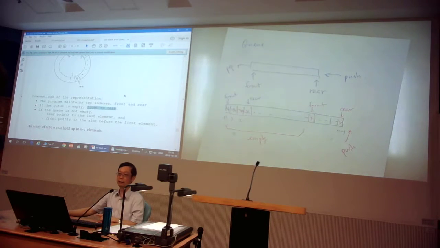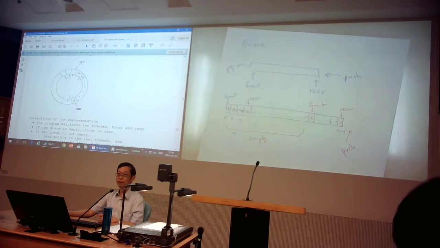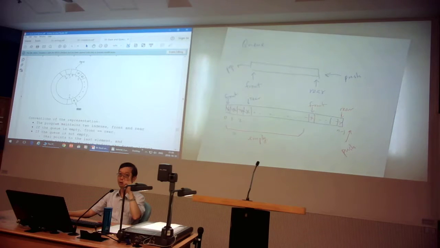And logically, the rear index is pointing to the last element in the queue, and the front index is not pointing to the first element, but instead it is pointing to the empty slot before the front element.